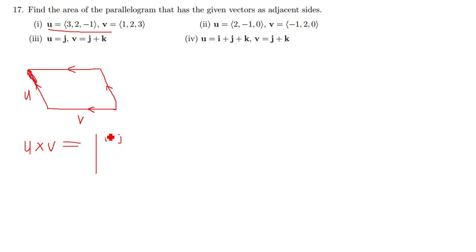Remember what I told you. When you find the determinant, you put your values of u there, your values of v there. Then when you find the determinant of the two given vectors, you now just find the magnitude.